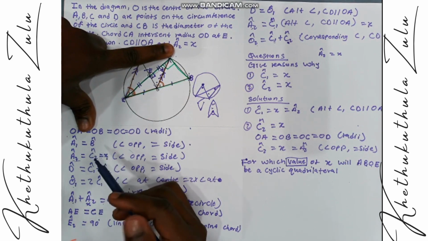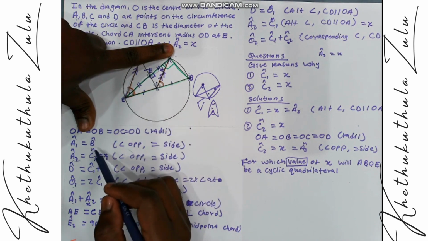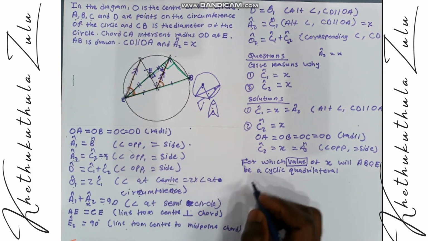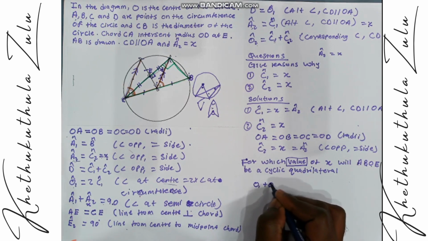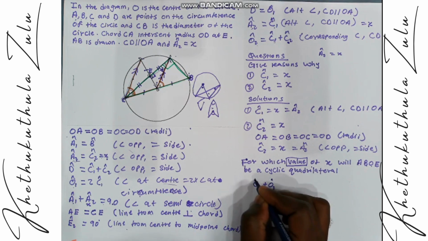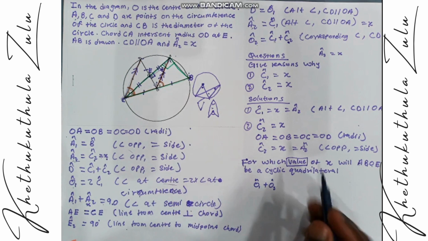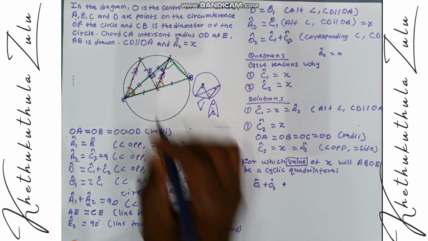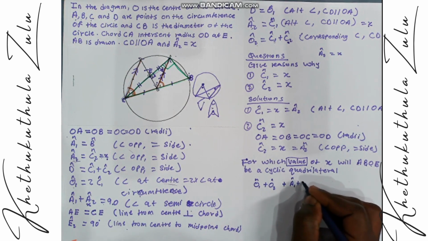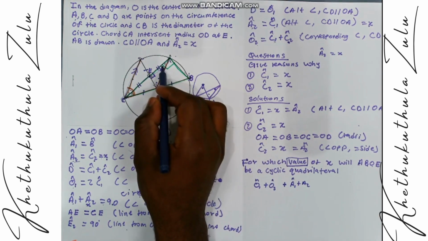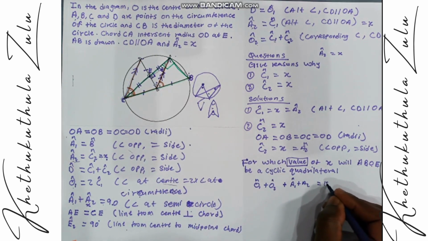Now what is a cyclic quad? We know that two opposite angles of a cyclic quad add up to 180. So O1 plus O2, which is this one angle as a whole here, added now with A1 plus A2, which is this whole angle here, which is angle A, is equal to 180.